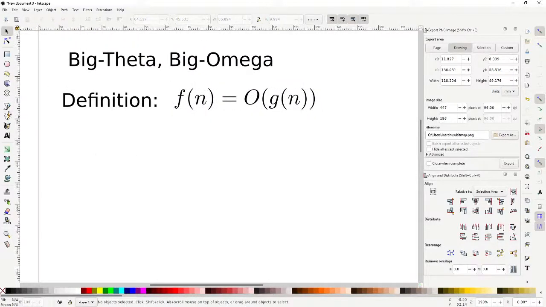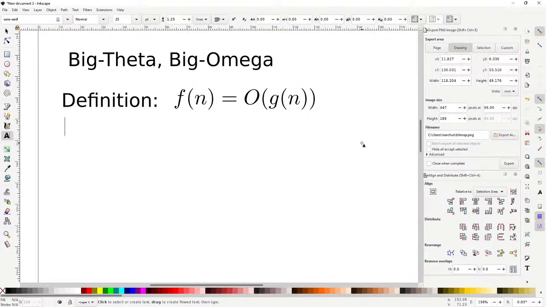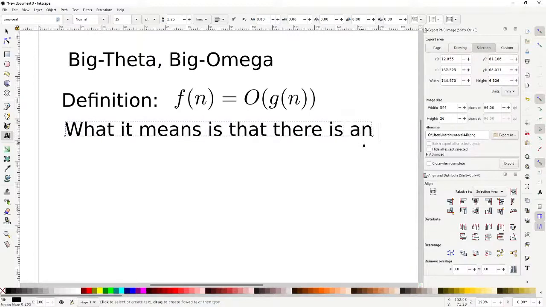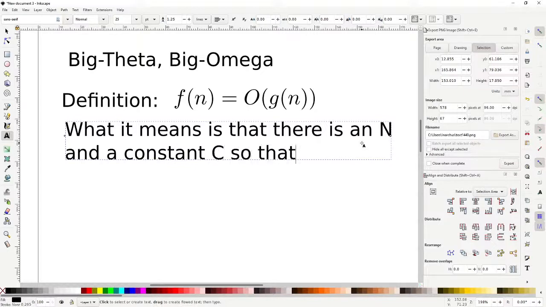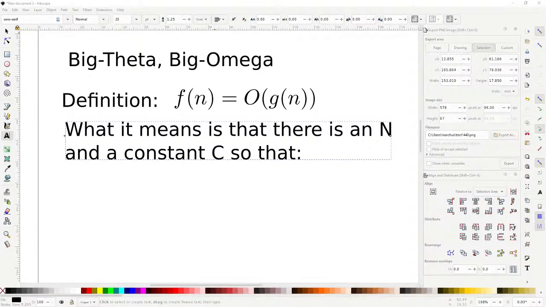And so what does it mean? Basically what it means is there is an N, let's just call it capital N, and a constant c, so that f of n is less than or equal to c times g of n, right?